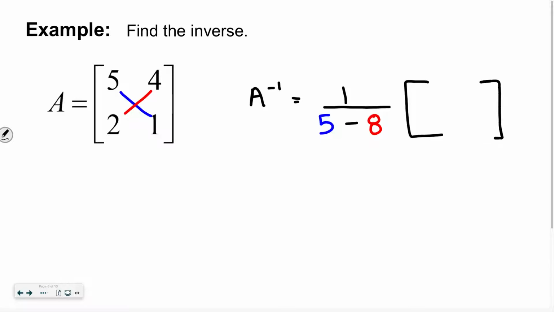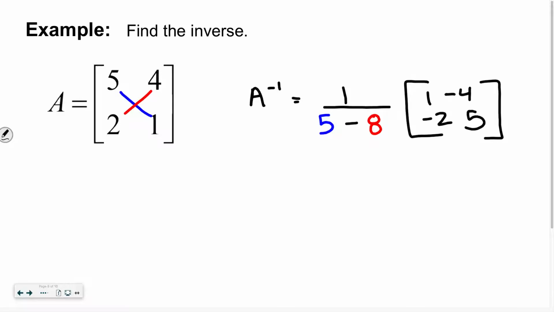And then I'm just going to get a new 2 by 2 matrix. So remember the 2 steps Brian gave us. On the blue diagonal, switch the positions. So it's going to be 1, 5. On the red diagonal, switch their signs. So negative 4, negative 2. What is the actual value of your scalar then?